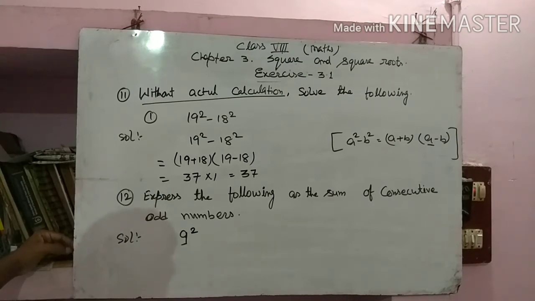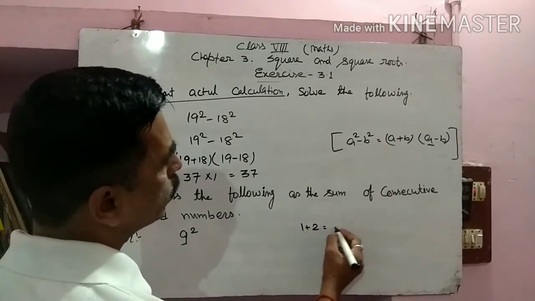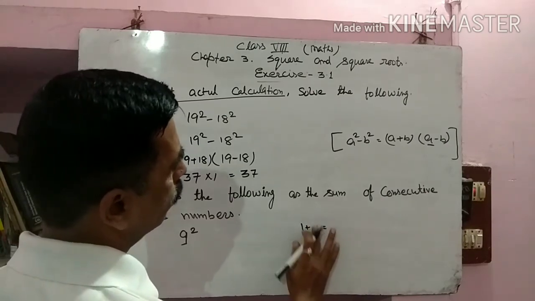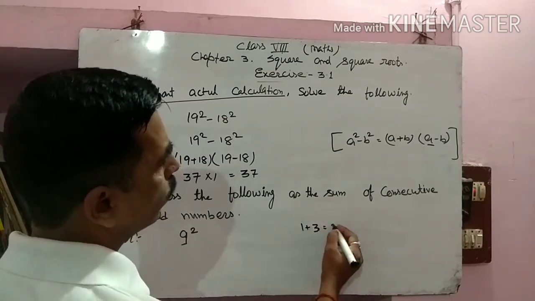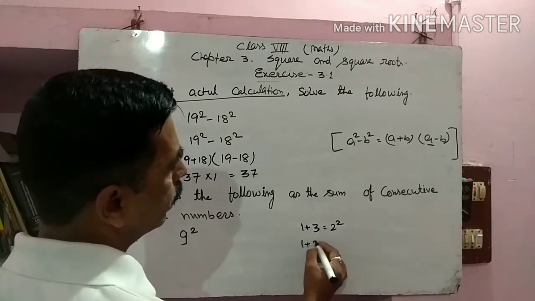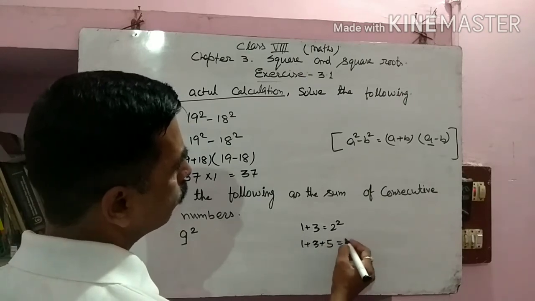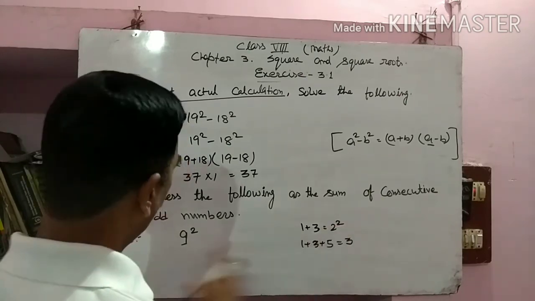The sum of two consecutive odd numbers is equal to the square of 2. The sum of 3 consecutive odd numbers is the square of 3.